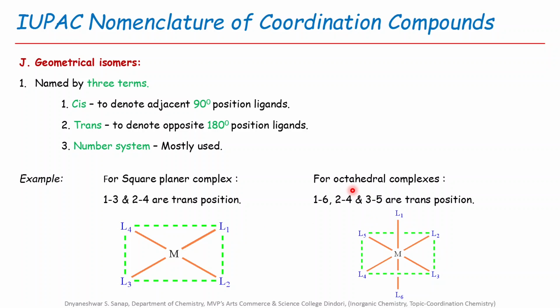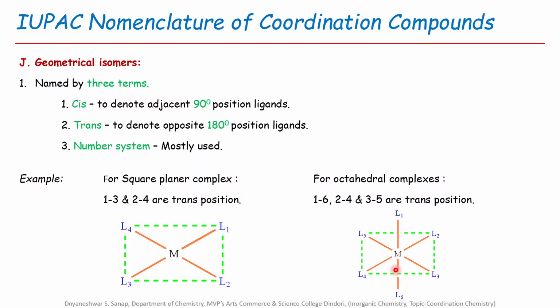Similarly, for octahedral complexes, the numbering is like this: 1, 2, 3, 4, 5 and bottom 6. Ligand 1 and ligand 2, or ligand 1 and ligand 3, ligand 1 and ligand 4, ligand 1 and ligand 5 are cis because the bond angle is 90 degrees. But ligand 1 and ligand 6 are trans because the bond angle is 180.